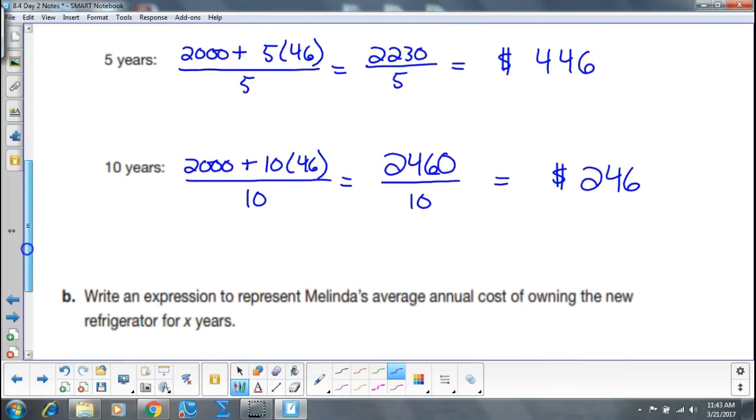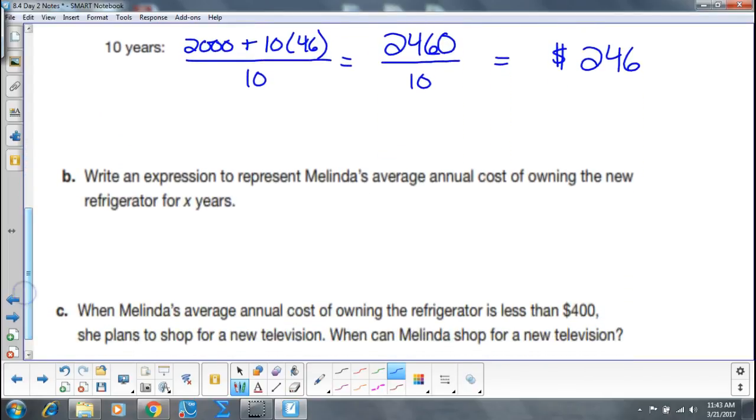Part B. Write an expression to represent her average annual cost of owning the refrigerator for x years. Okay? What do you got, Luke? 2,000 plus 46x divided by x. Okay?